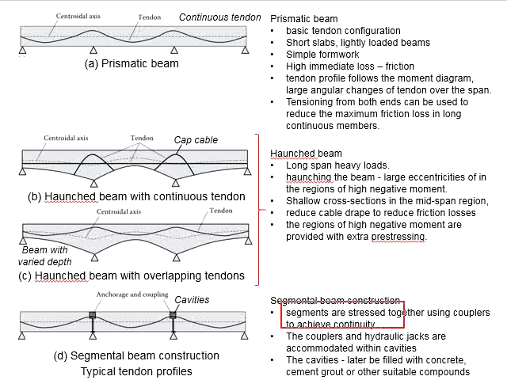These segments are stressed together using the coupler to achieve continuity, where these couplers and the hydraulic jacks are located within the cavities. These cavities provide room for you to work for the pre-stressing operations.